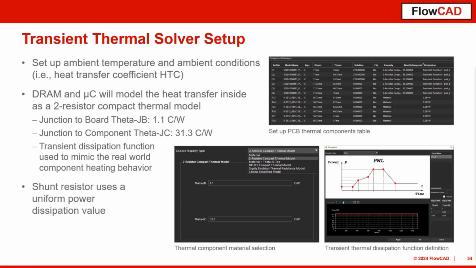And you also have some different thermal models that can be assigned to some of your components. So in this case, maybe we use the two resistor compact thermal model, which is very familiar for thermal analysis.